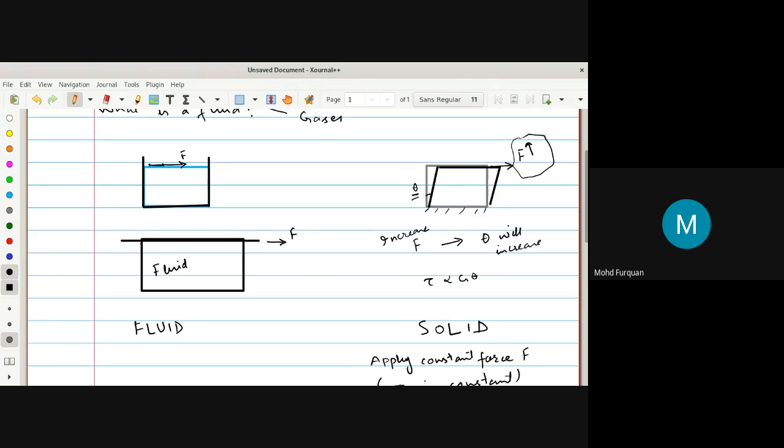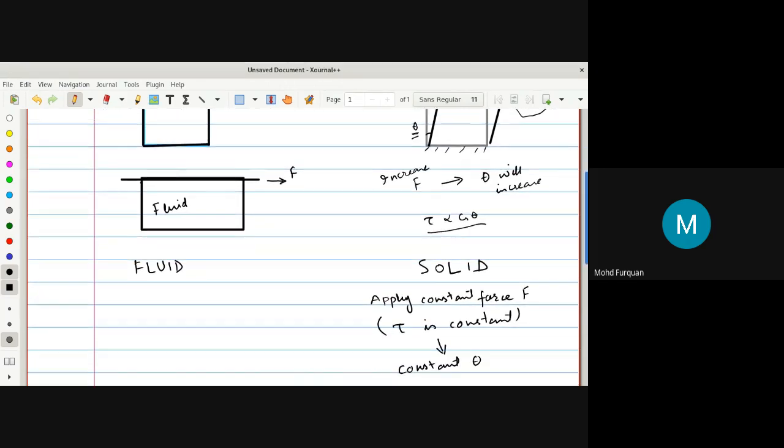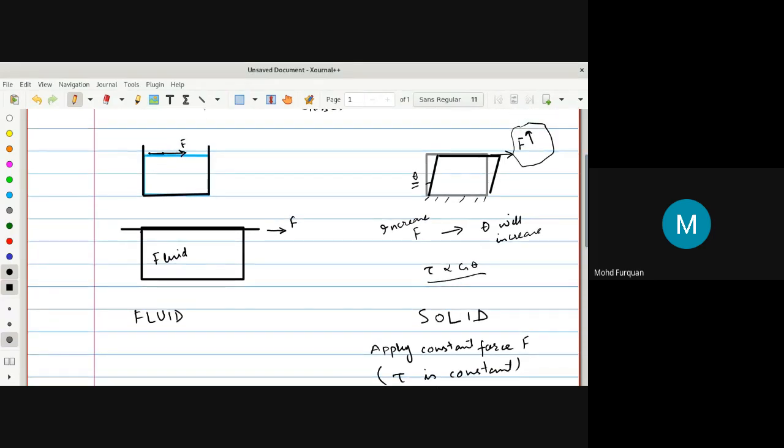And that you can calculate using this formula. But the situation with fluid is different. Before I talk about fluid, notice one more thing: once you apply force F and keep it at that value, theta won't change.